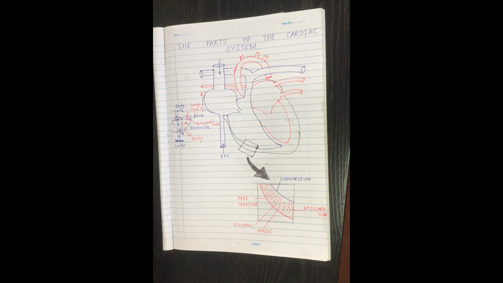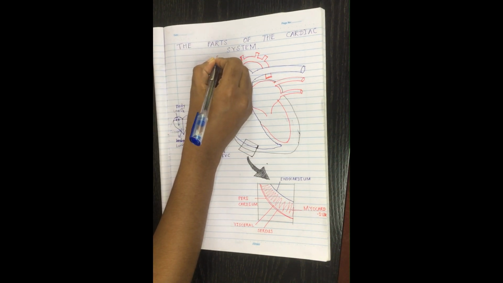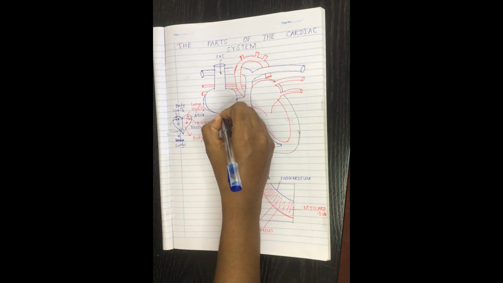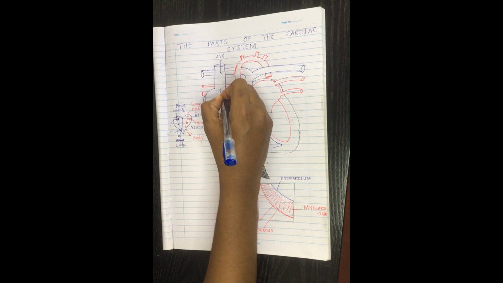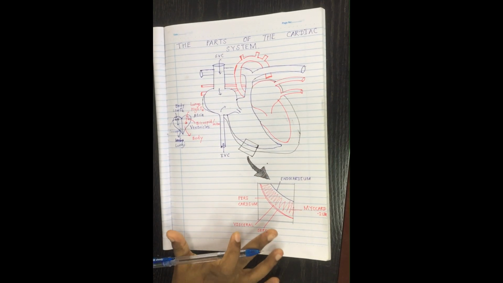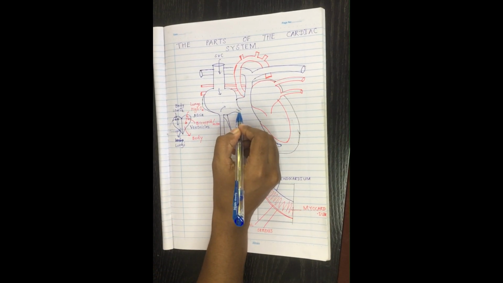And this is the superior vena cava, which we call SVC. Both bloods enter into the left atrium. Very good. So the left atrium is not oxygenated. This is the valve I've already told you about, the tricuspid valve.